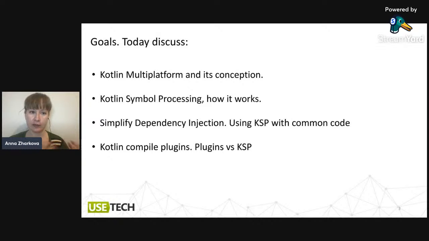It will be Kotlin Symbol Processing, and then we will take a look at how to apply Kotlin Symbol Processing in such a practical case as dependency injection, and then how to apply for the same purpose compiler plugins written with Kotlin technology, and then we will compare both technologies.